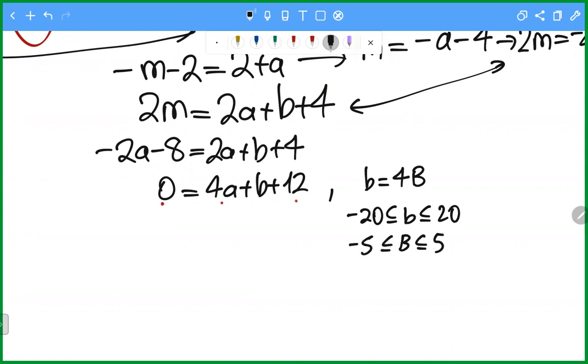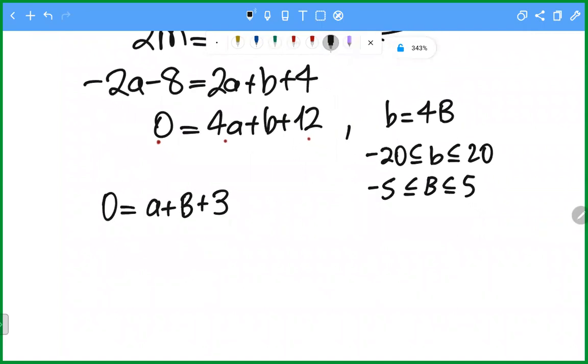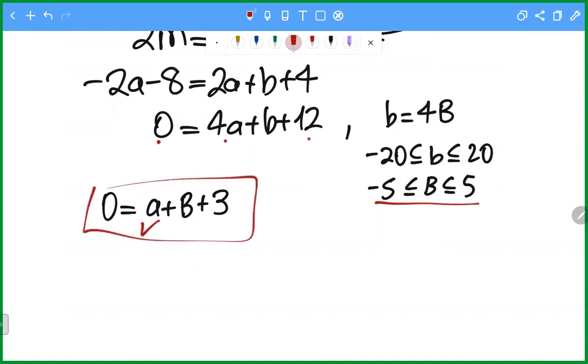Then after we substitute 4B back into the original equation and cancel out the 4s, we obtain 0 equals a plus capital B plus 3. Now for each B between negative 5 and 5, we get a unique a where this equation holds, right?